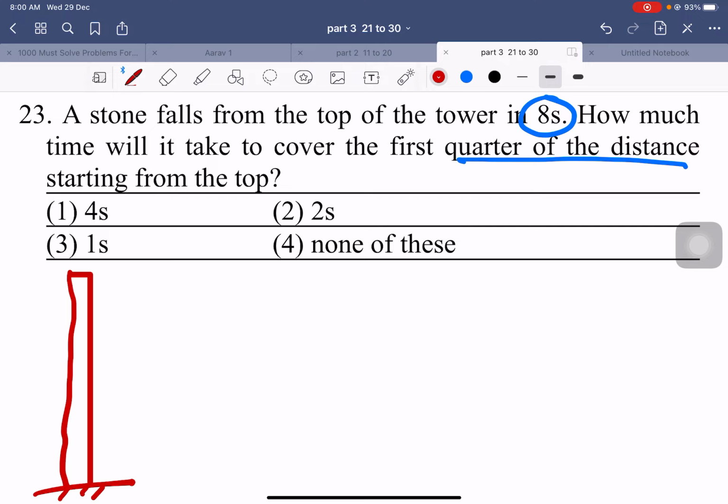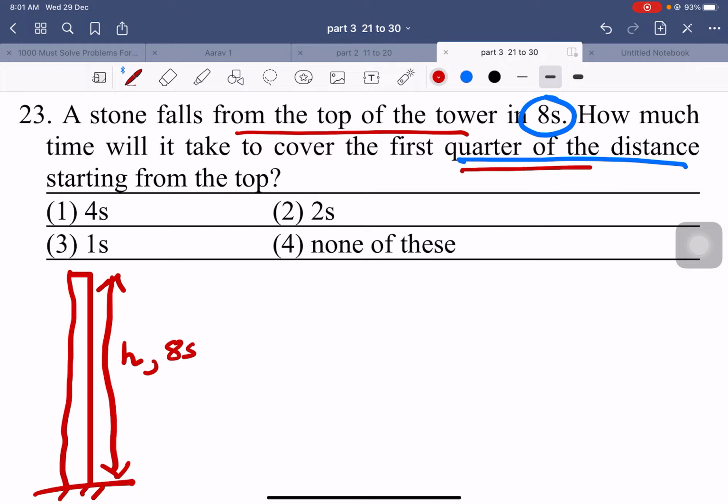Stone falls from the top of the tower in 8 seconds. So to travel a distance equal to h, say the stone takes 8 seconds. How much time will it take to cover the first quarter of the distance?